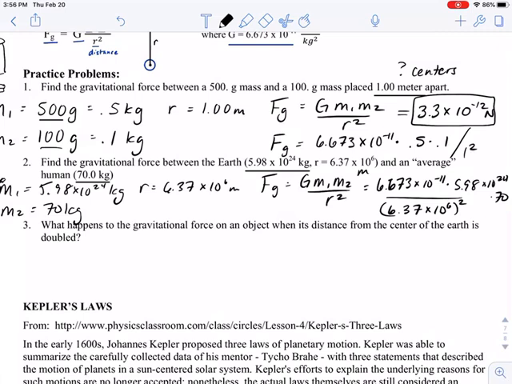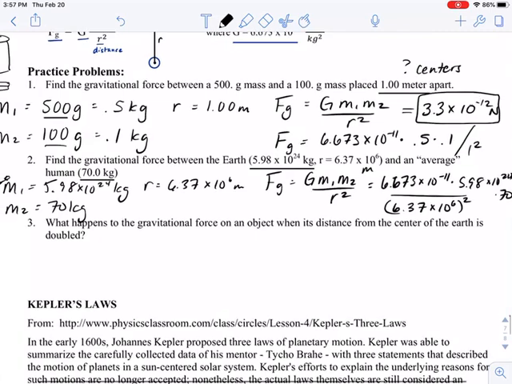So now I will go to my trusty calculator and solve that. 6.673 EE negative 11th times 5.98 EE 24 times 70 divided by 6.37 EE 6th squared. So I get a value of 688 newtons.